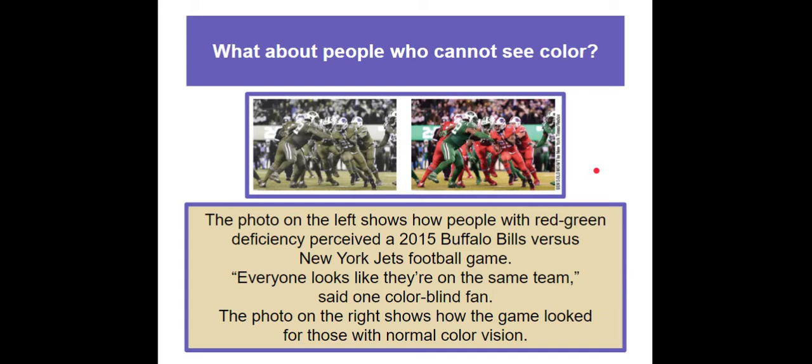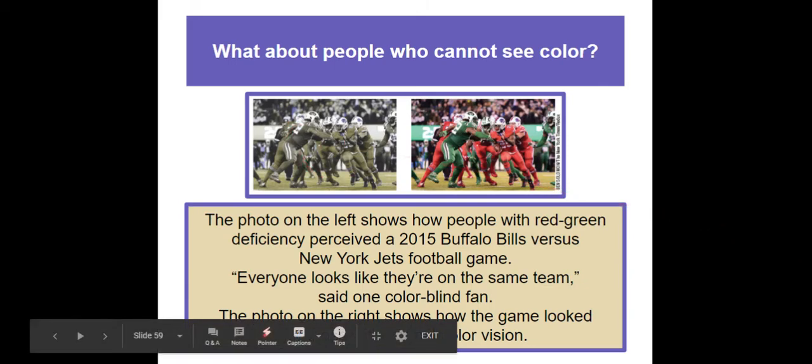Now, the reason we think the Young-Helmholtz trichromatic theory might be correct is because of color blindness. Let's just take these jerseys here. We have green and we have red. If you look at the jerseys over here, there's no such thing. It's all one kind of dark green gray color.